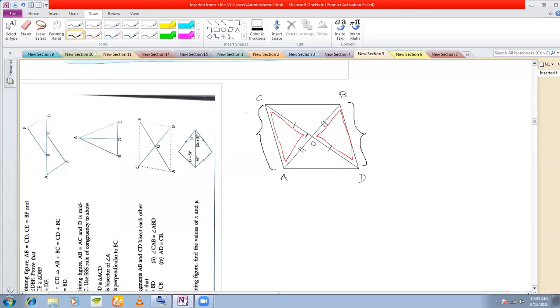I see that these two angles are vertically opposite angles. Yes. And I also know that this side is equal to this side. Okay. And I also know that this side is equal to this side.